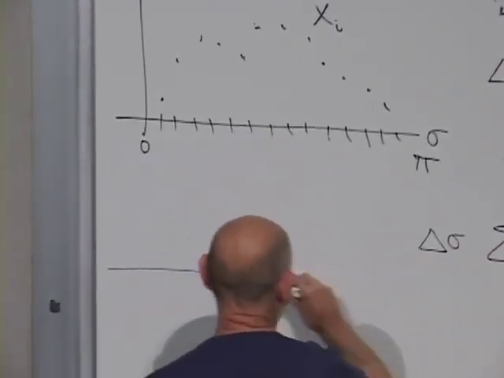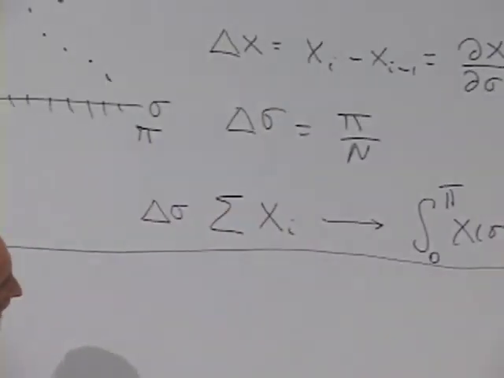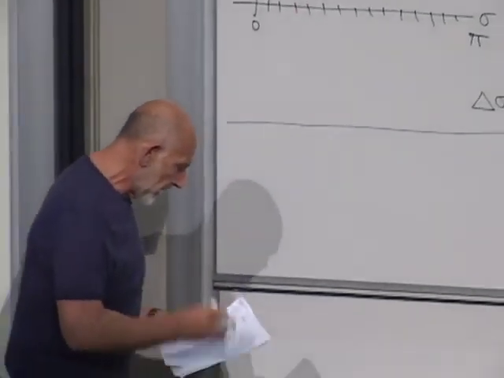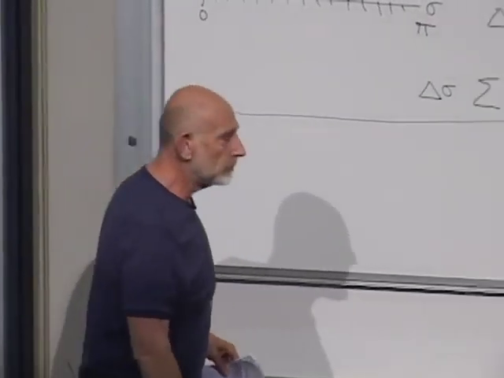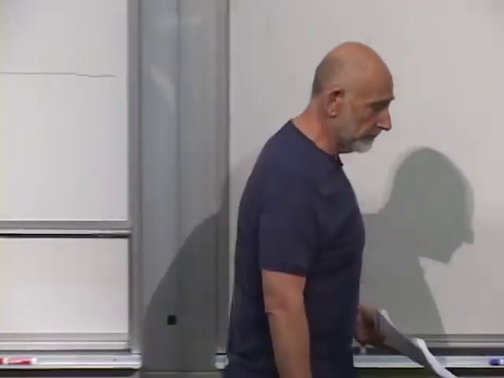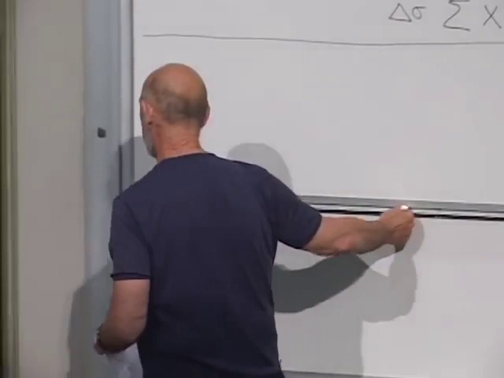Let's draw a line underneath it. I'm going to try to get all the mathematical preliminaries on the blackboard over here and then use them over there. Okay, next. Supposing we have a continuous function defined on the interval from 0 to pi. Actually, it doesn't even really have to be continuous.